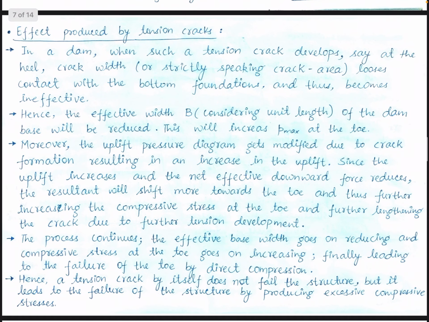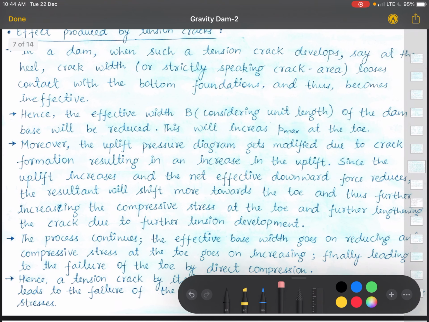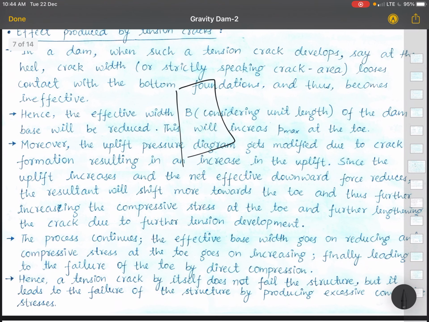So let us see what effects are produced by tension cracks. In dams, when such a tension crack develops, say at the heel, the tension will crack the section and it will lose contact. Due to tension this cracking will occur.